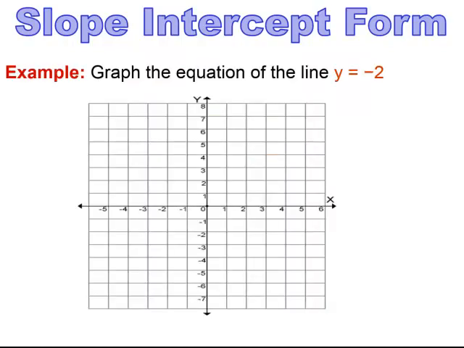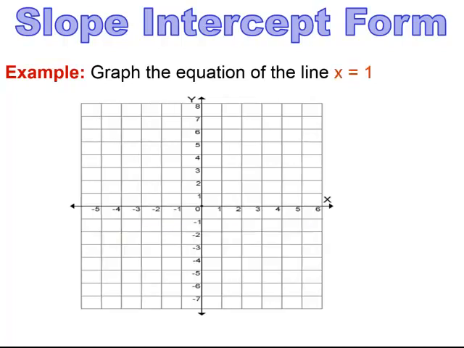We're asked to graph the equation of the line y equals -2. The slope of y equals -2 is equal to 0. So when the slope is 0, that means I'm going to have a horizontal line. I go to where y is -2 and I draw my horizontal line.